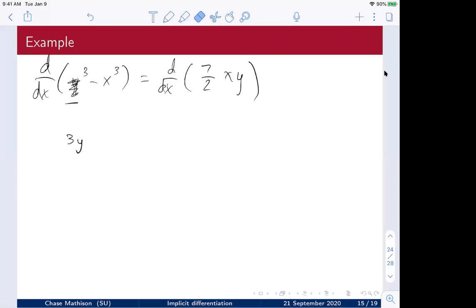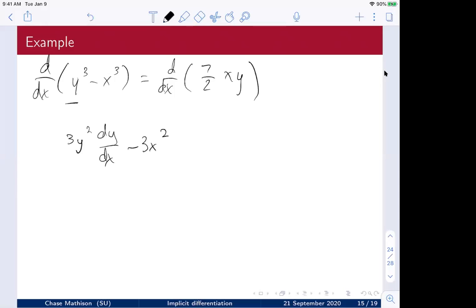So I'm going to get 3y squared, and then just times the derivative of the inside, so the dy/dx. But that was a very excellent attempt. Perfect, minus 3x squared. There's the derivative of the left.